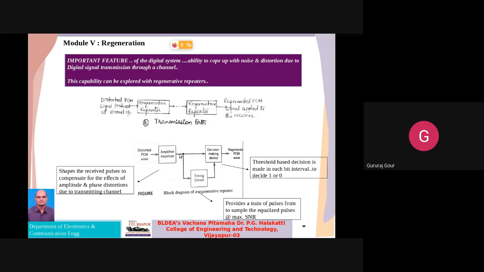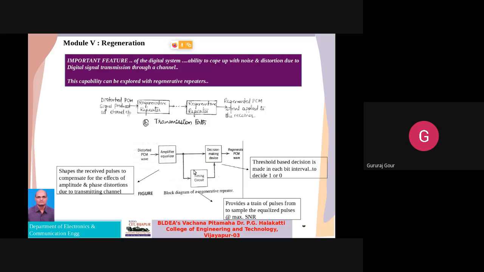Then after that, its same output we are going to pass through the timing circuit here. Its main job is to provide a train of pulses to sample the equalized pulses at the instants where we have the maximum signal to noise ratio.